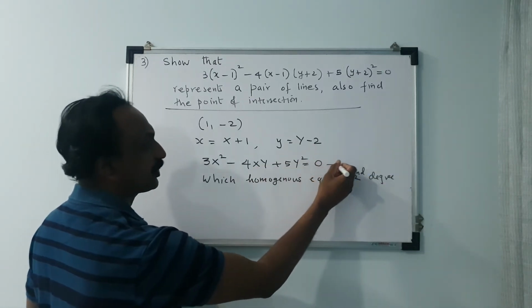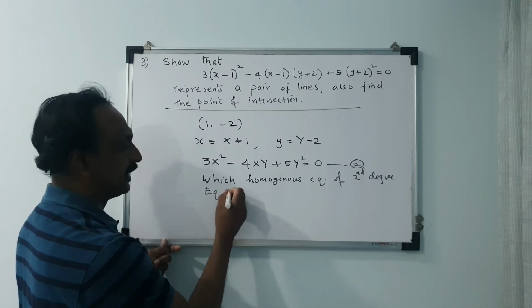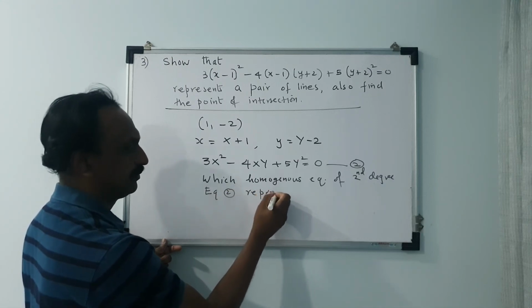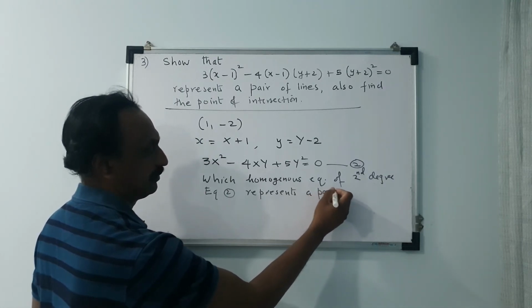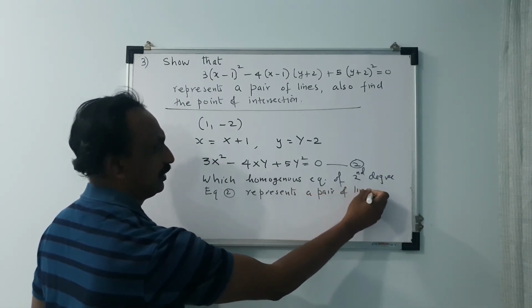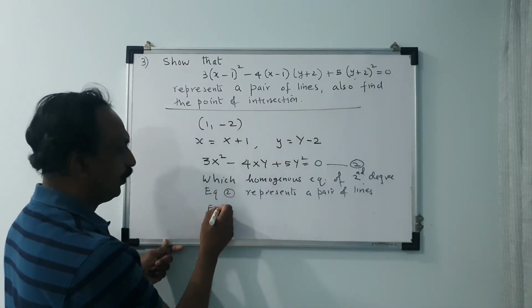Hence equation 2 represents a pair of lines. So naturally, equation 1 also will represent a pair of lines.